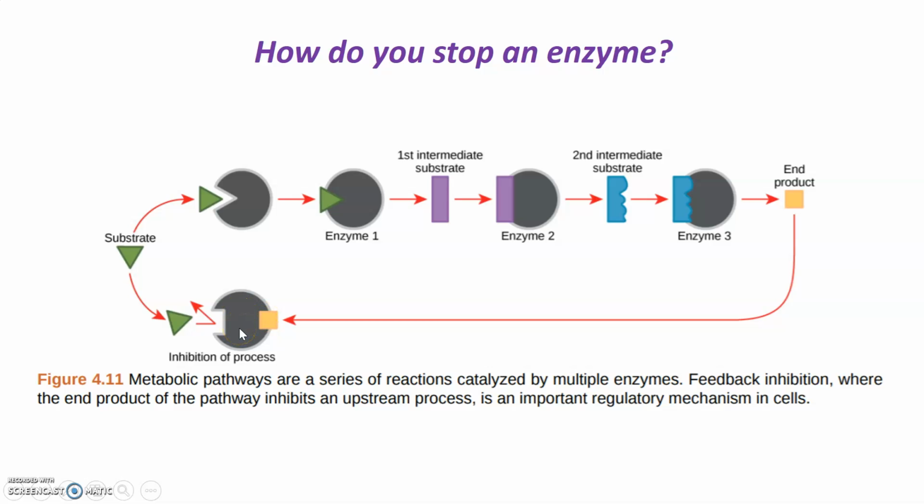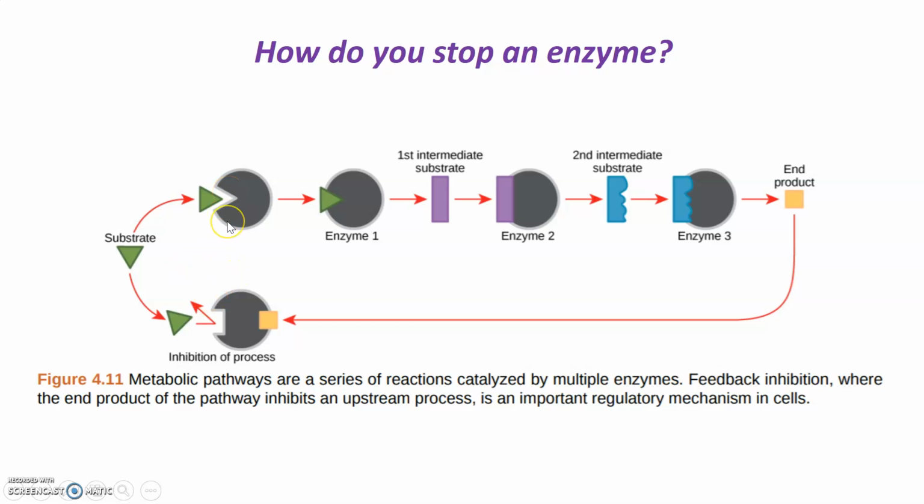And this actually inhibits or stops that enzyme from being able to work as well. This is what's known as feedback inhibition, because the product of a reaction feeds back on itself and then stops that reaction from proceeding further.